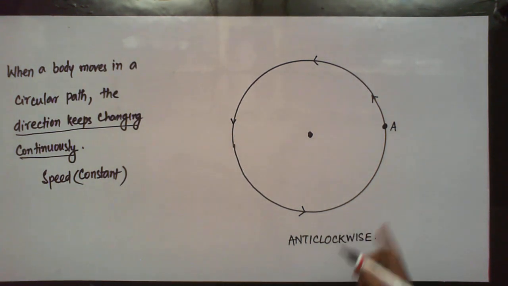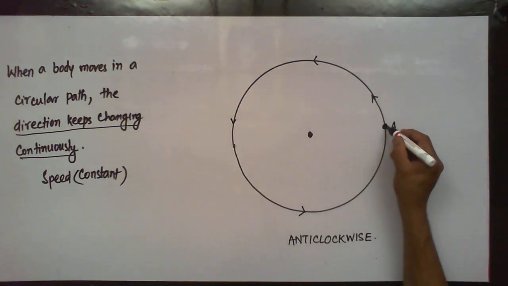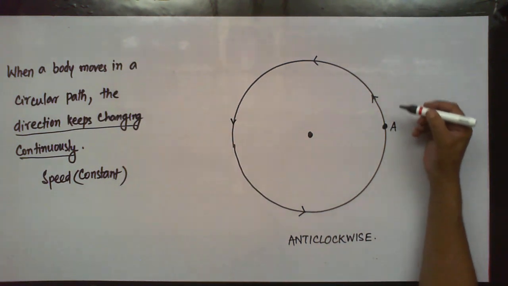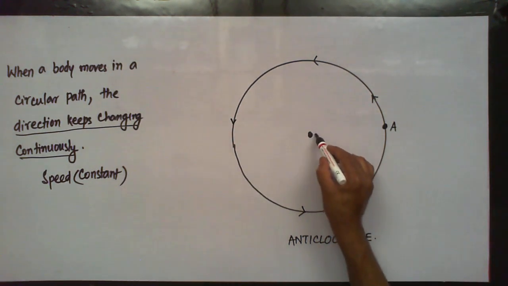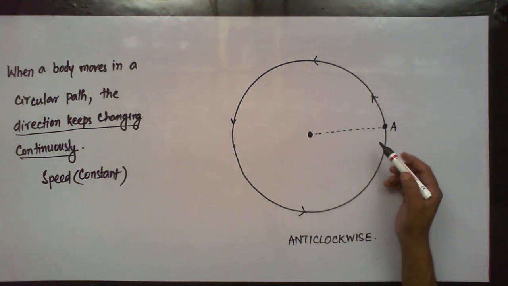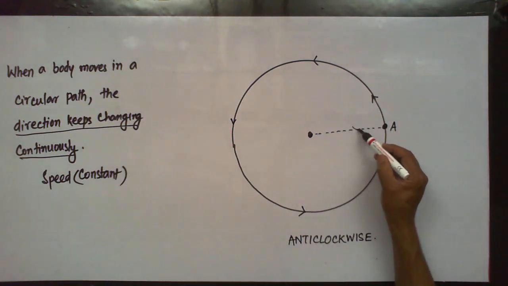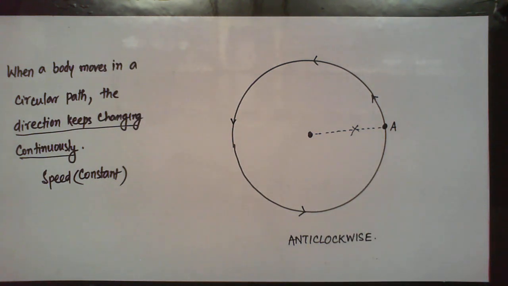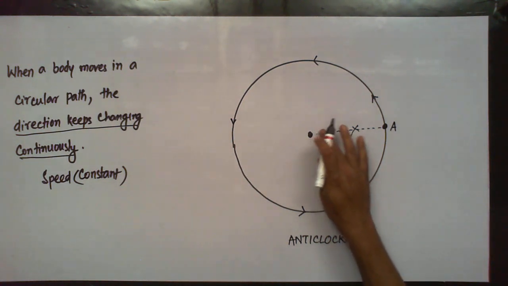We are more interested in knowing what is the direction of the body at point A. At A, the speed is constant, but let us say that we have tied the body with a thread and the thread breaks. If the thread gets snapped, in which direction is the body going to move?